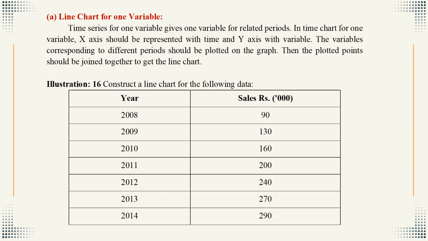Then the plotted points should be joined together to get the line chart. To know it well, illustration 16 has been given, that is year and sales starting from 2008 to 2014.